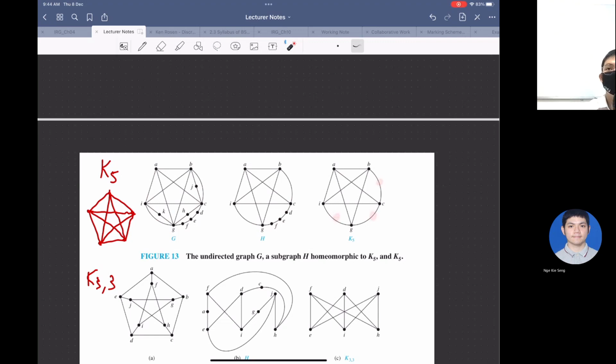They are homeomorphic because homeomorphic means they can be obtained from the same graph by using elementary subdivision.